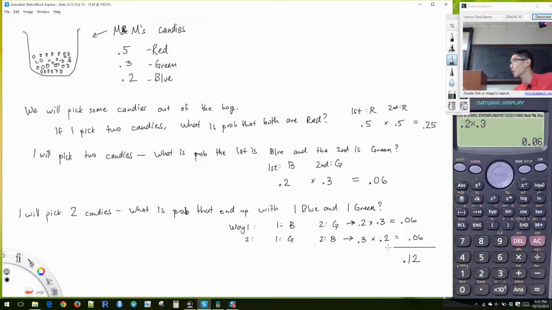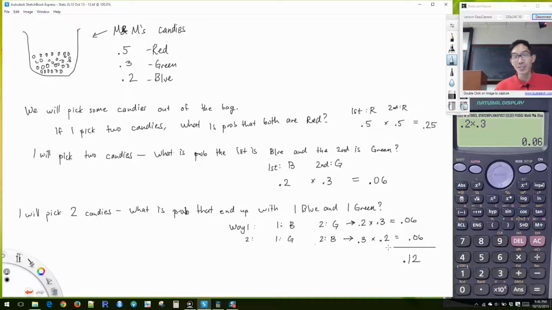If we had a more complicated thing, where we pick 7 candies, what's the probability that 2 are blue, 1 is green, and 4 are red? You have to calculate every single possible sequence, the probabilities of each, and then add them all together. There's a formula for doing that. It's called the multinomial probability, but I don't think you're worried too much about that.